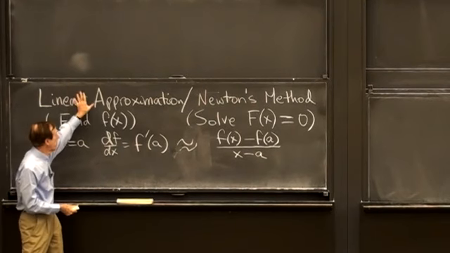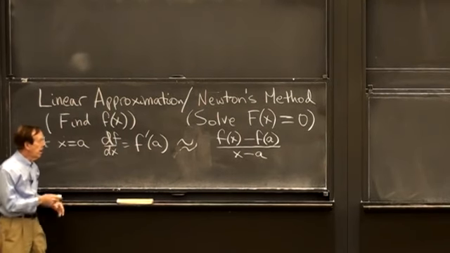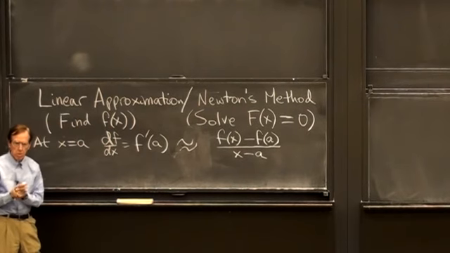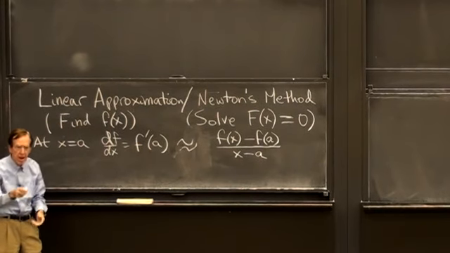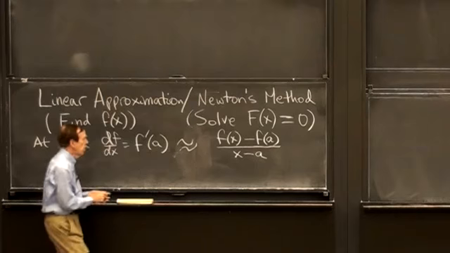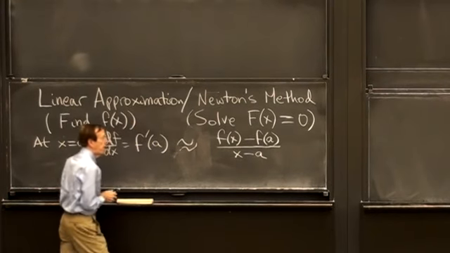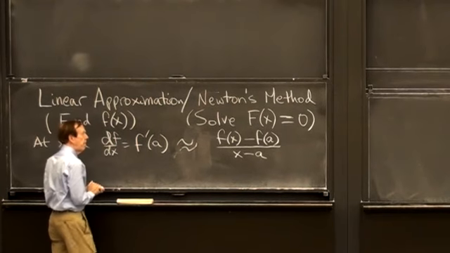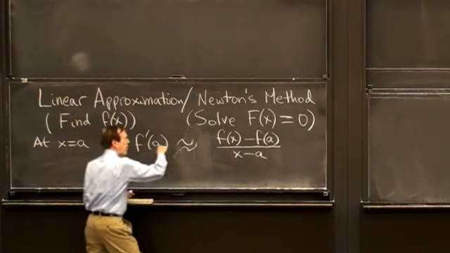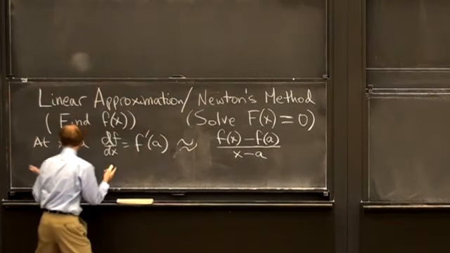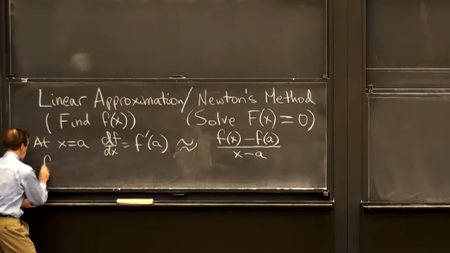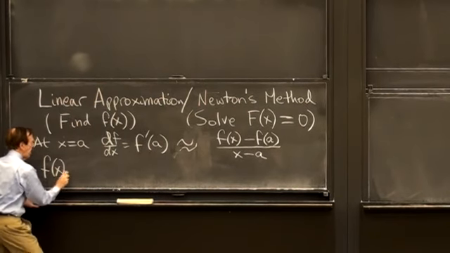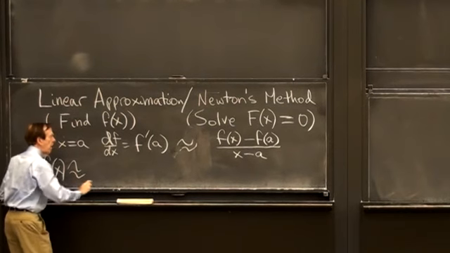So in this application on the left, I know the x, and I want to find what is f at that point. So I look at this. I multiply up by x minus a. I move the f of a to the other side, and what do I have? I still have an approximation sign.